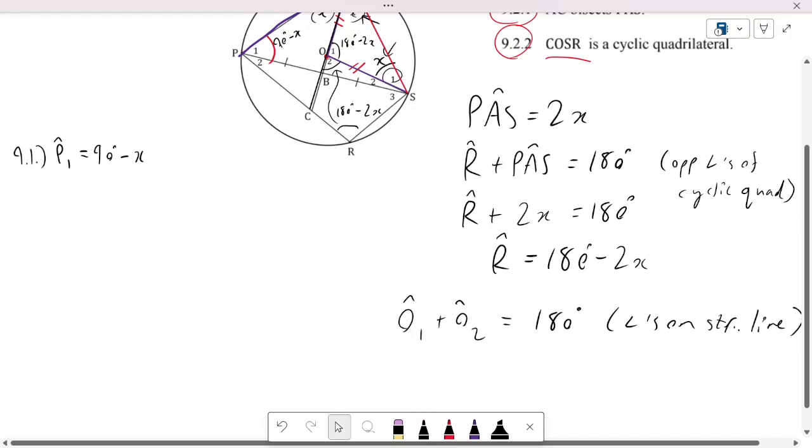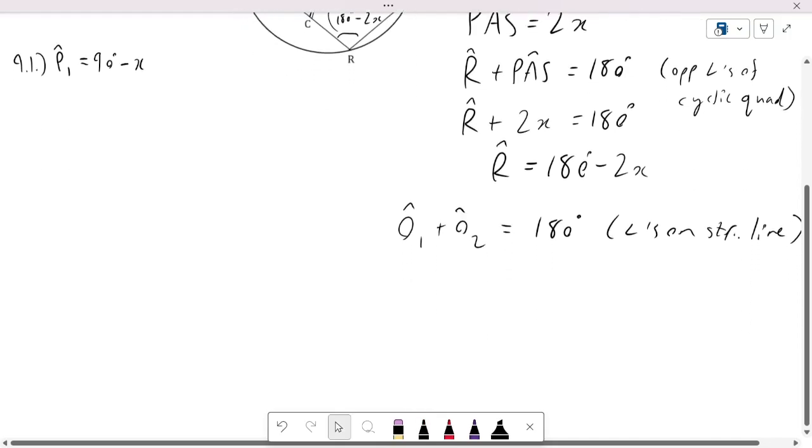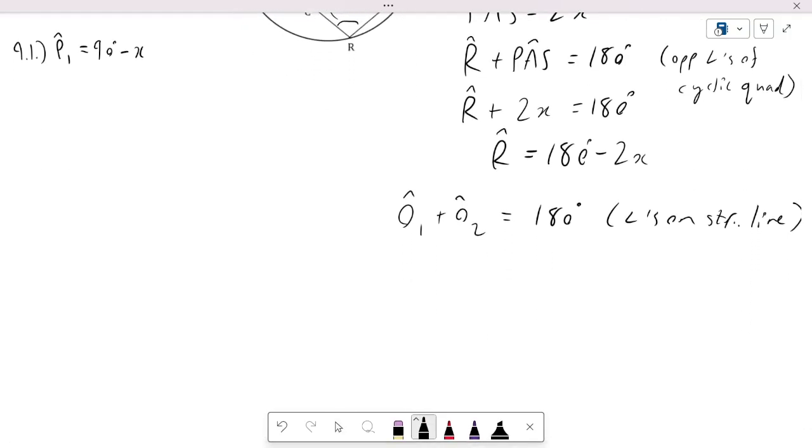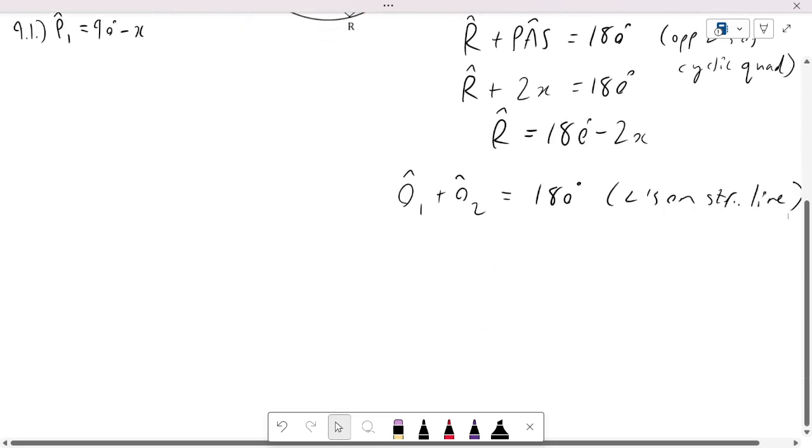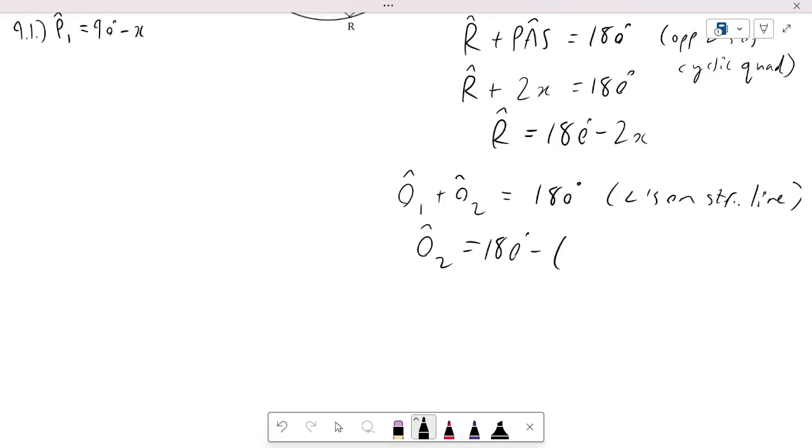Okay, so what we have over here is that if we add these two together, we know what O1 is, right? O1 is 180 degrees minus 2x. So let's first take this over to the other side, right? And if we do that, we're going to have angle O2 on its own, equal to 180 degrees minus that. And what was our angle O1? It was 180 degrees minus 2x, if we can still remember that.